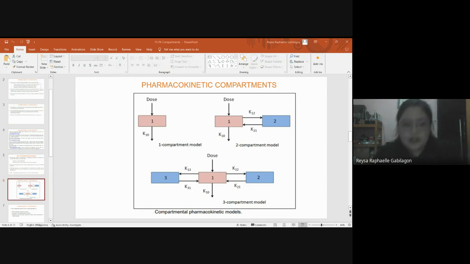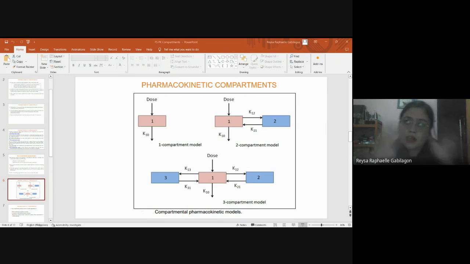So this is another one for one compartment. Again, the drug after administration will be homogeneously distributed all over the body. And then for the two compartment model, we have here before administration, and then after administration, the drug will slowly be distributed to the different organs of the body.